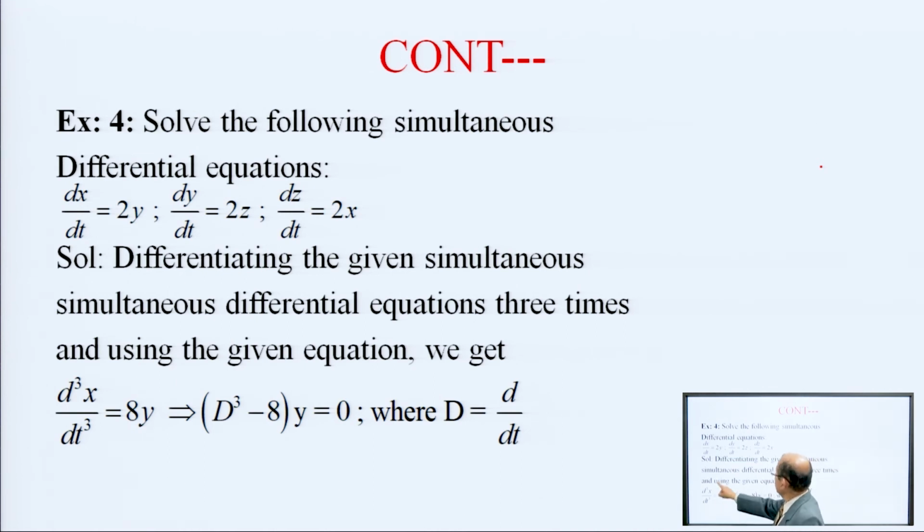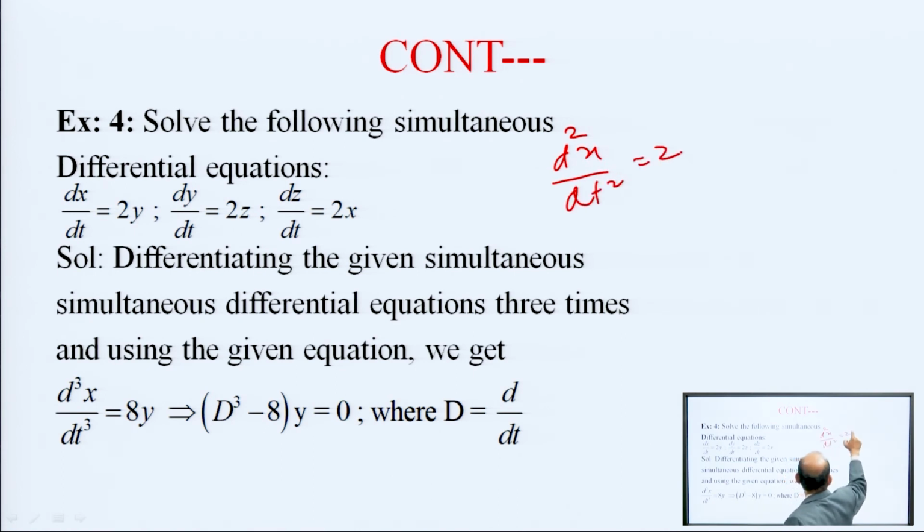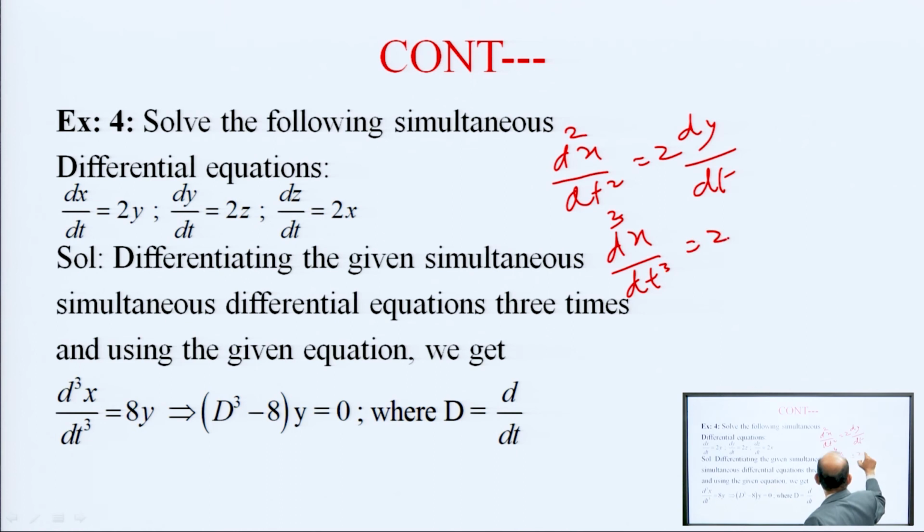d2x by dt square is equal to twice dy by dt, and d3x by dt cube is equal to twice d2y by dt square.